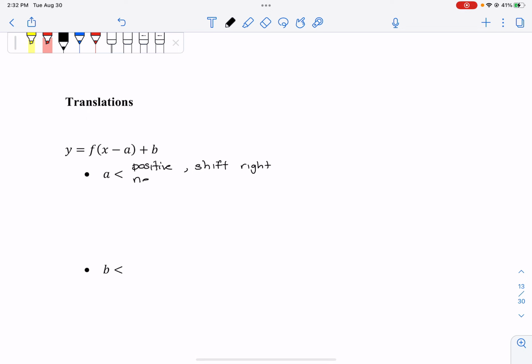And if a is negative, we shift left. If b is positive, we shift up. And if b is negative, shift down.